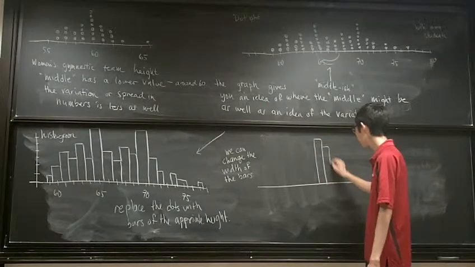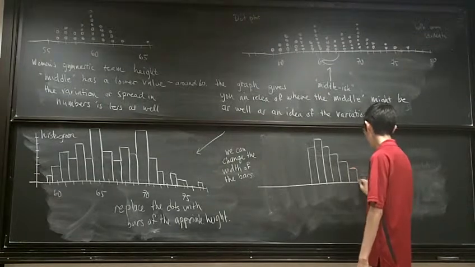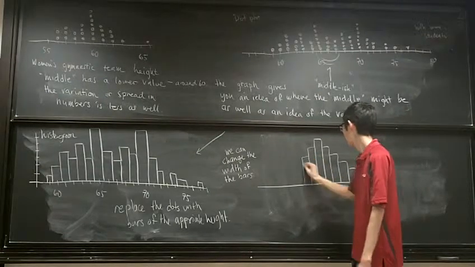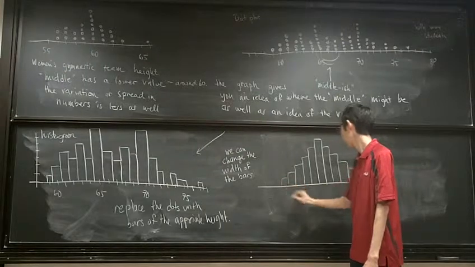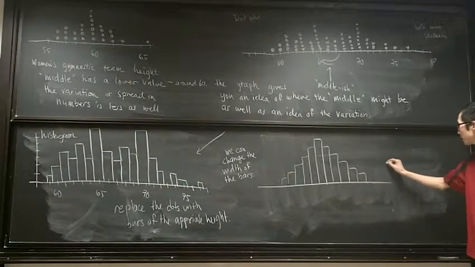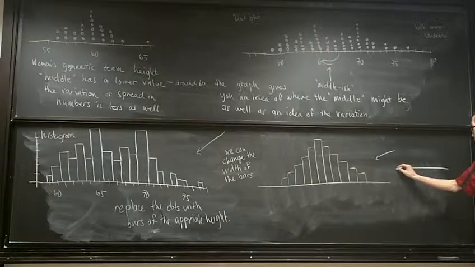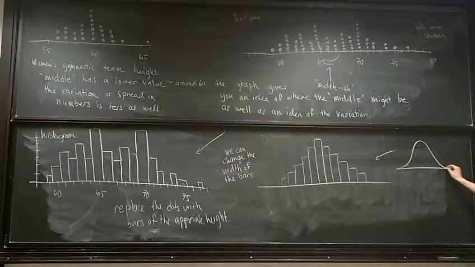You could just imagine a textbook example. We could have a histogram that looks like this, and some might even summarize this histogram with just a curve that looks something like that.